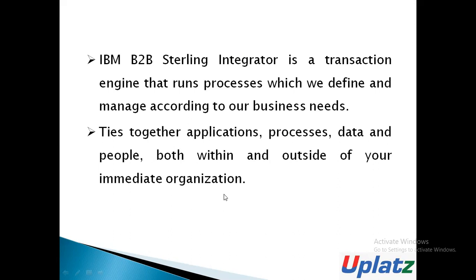Okay. So in simple terms, how do we receive a file? We have some set of protocols like FTP, SFTP, AS2. These are all B2B protocols. Using those protocols, the trading partner will send their orders. As I said initially about EDI, EDI is exchanging business documents without any human intervention, that is, system to system only.